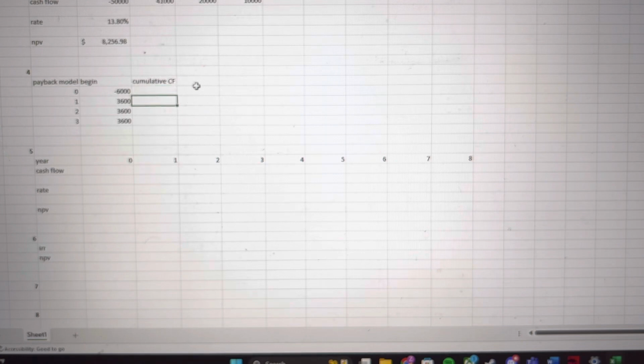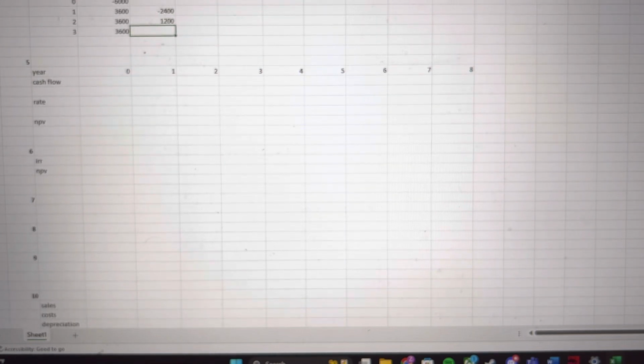To solve the cumulative CF, we add year 0 plus year 1. And for year 2, it's the year before, so negative 2,400 plus the year 2. And that's a financial answer. We don't go to year 3 because it'd be over the expected life of the refrigerator.